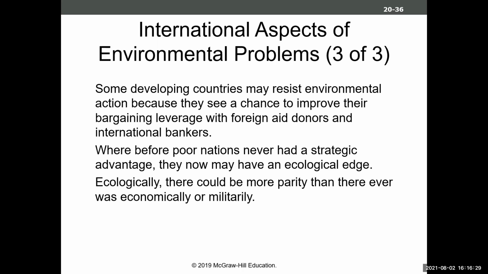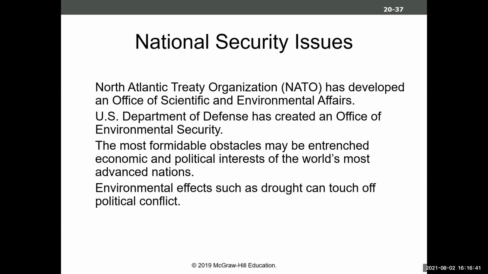And so they're saying, okay, if you don't help us, then we're going to have to use these resources. And so now they're trying to get foreign aid through that way. And so there's a lot of issues that come from that.